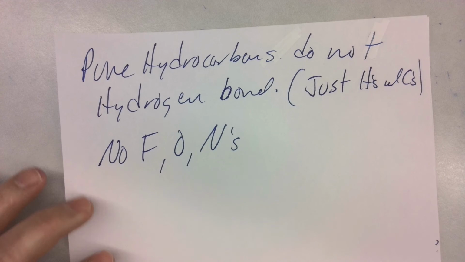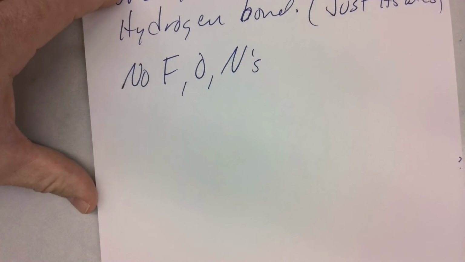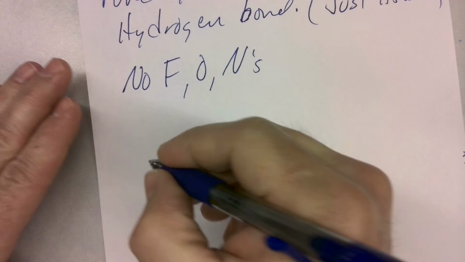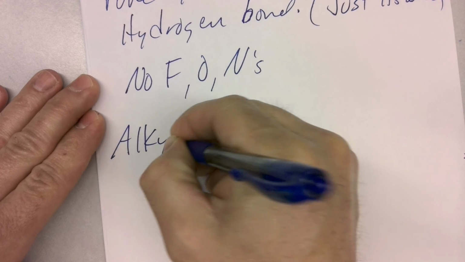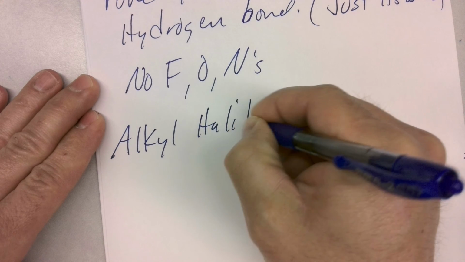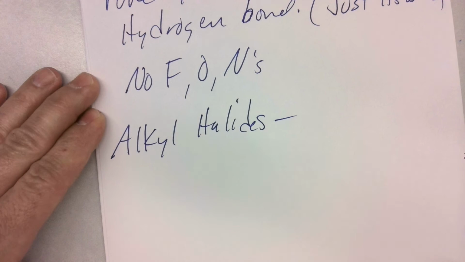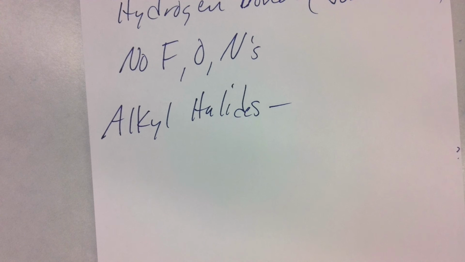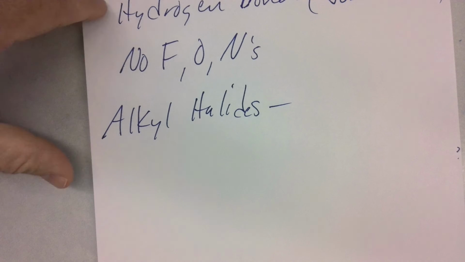Now, there are like 3 questions on what are known as alkyl halides. Anybody remember what an alkyl halide was? It's a carbon-hydrogen chain with a halogen at the end.